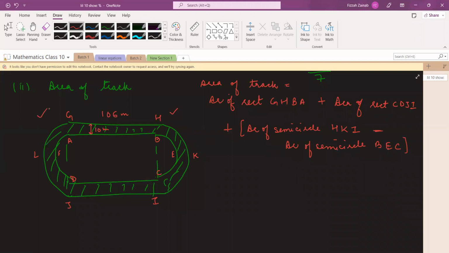Now come to the left semicircle, I mean left track. So plus again area of semicircle. This time this is GLJ, right? And then minus area of semicircle AFD. So far, I think it's clear.